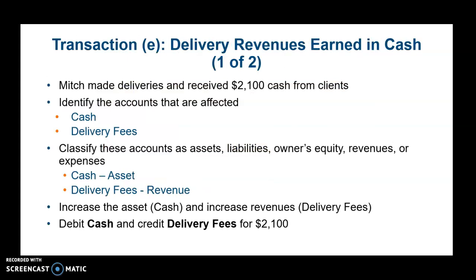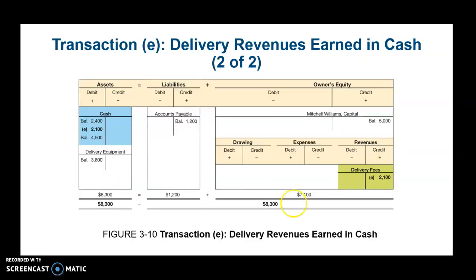There's delivery revenue earned with cash. So it talks about where you have your cash and you increase it by $2,100. And then you're going to have this revenue account, and under revenue, which is under owner's equity, you're actually going to have something called delivery fees, which was $2,100. So again, your balances equal each other.